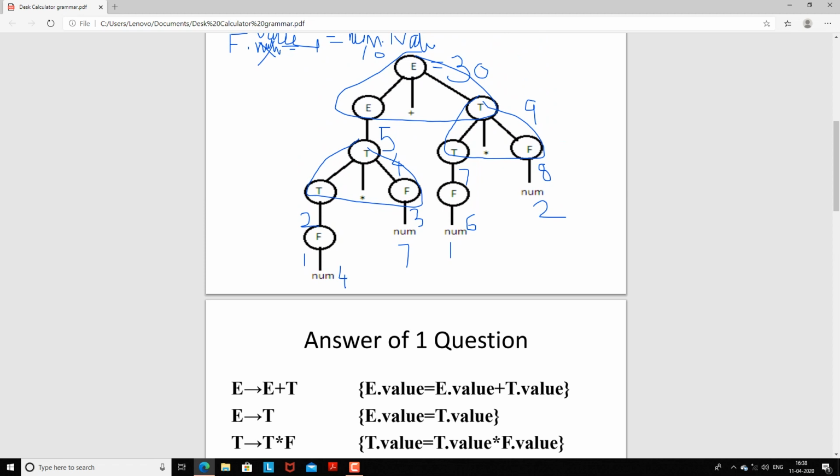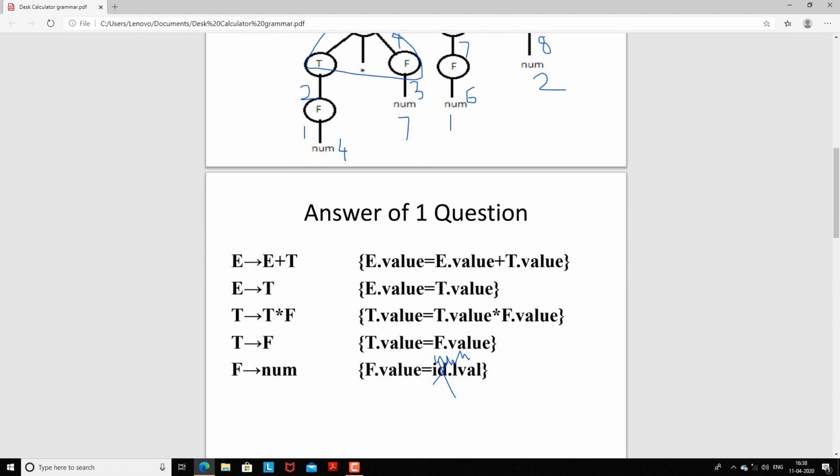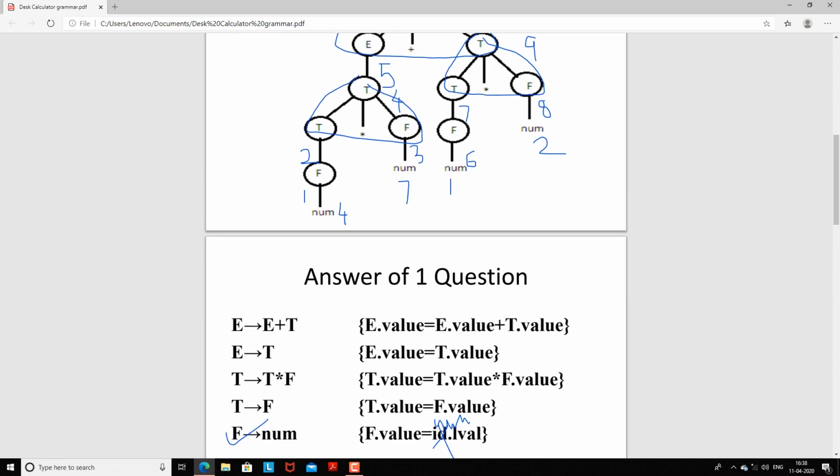Okay, so the first SDT is designed. If we reduce the second one, T tends to F, the value 4 which is stored here is exactly transferred here. So the SDT for this production is that the value of F is transferred into the node T. The next reduction is F tends to num again, so the same SDT applies and the value 7 is stored here.